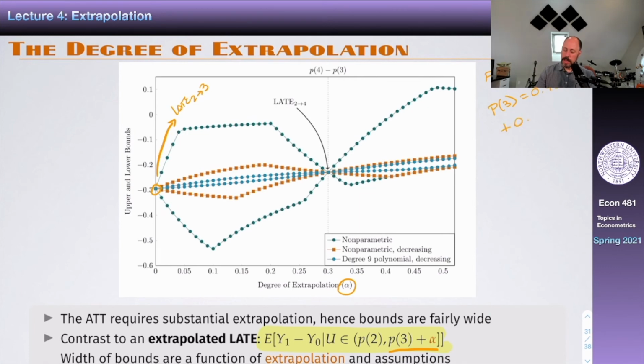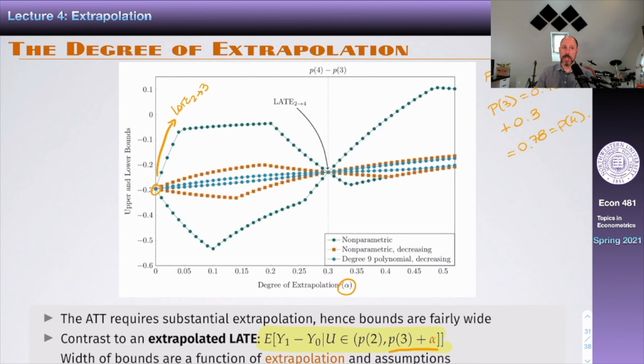When you add 0.3, you get 0.78, which is P4, okay, which is another point in the support of our instrument. So then now you look at this picture, and what happens is this is the LATE from going from 2 to 3, and this is here the LATE on going from 2 to 4, which is identified from the data by comparing just P4 with P2, which is point identifying. However, anything in between these two is not point identifying.